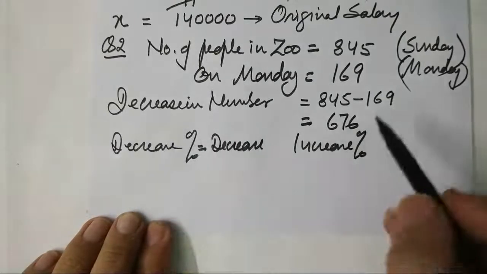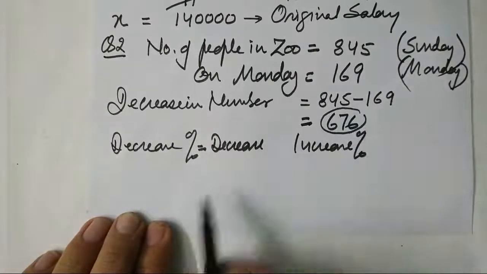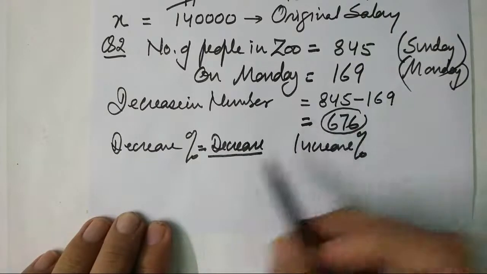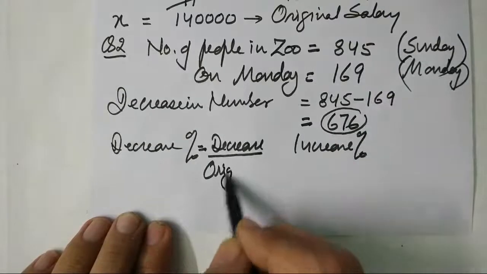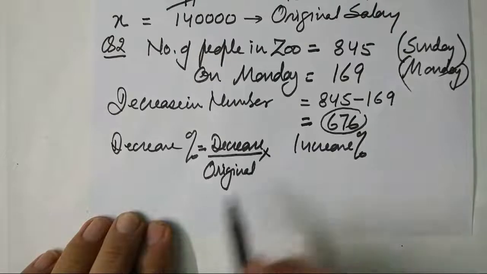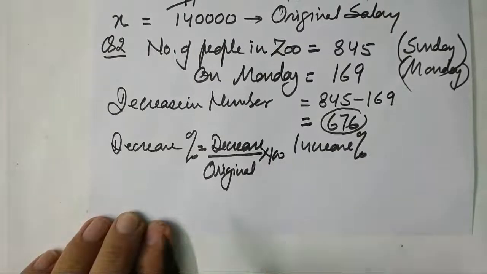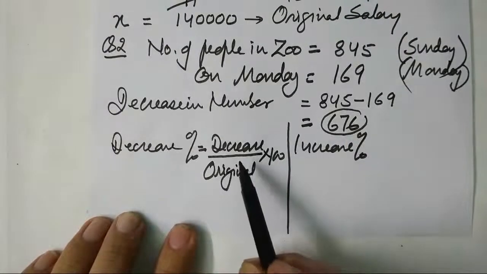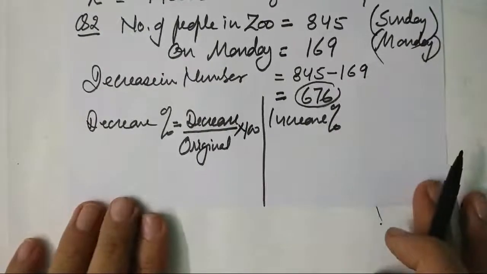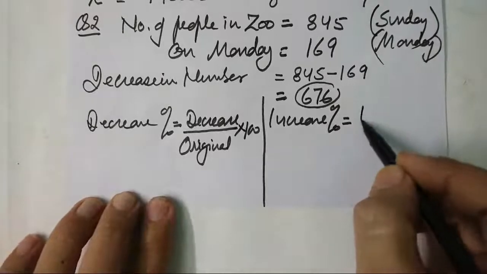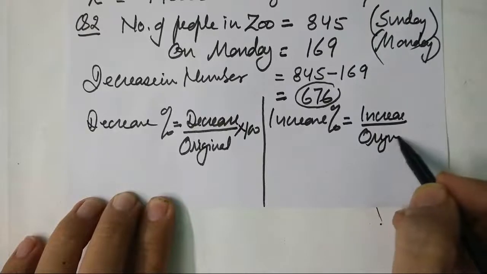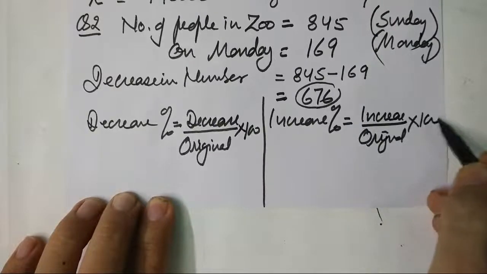In this case the decrease is 676, and then we will divide by the original number and multiply by 100. This is when you have to find a decrease. When you have to find increase percent, then you will use increase upon original and multiply it by 100.